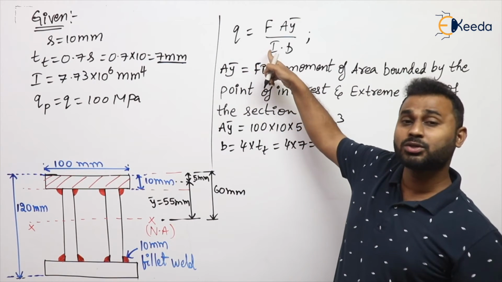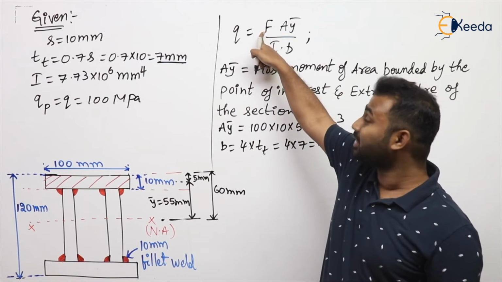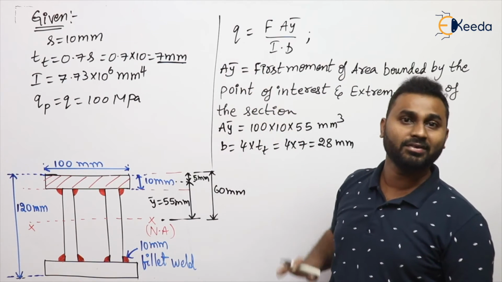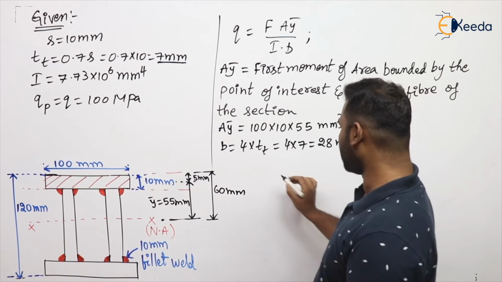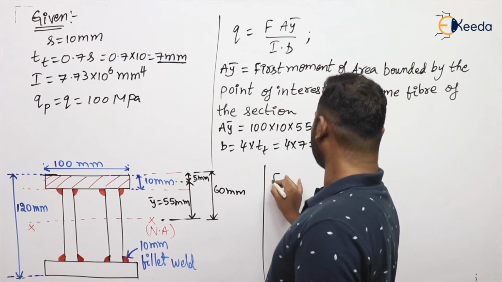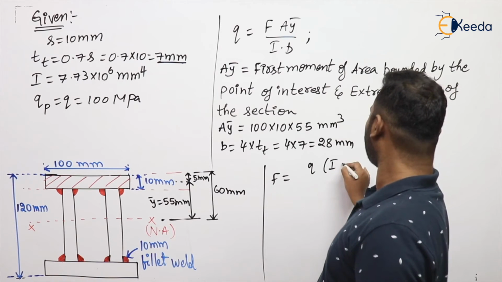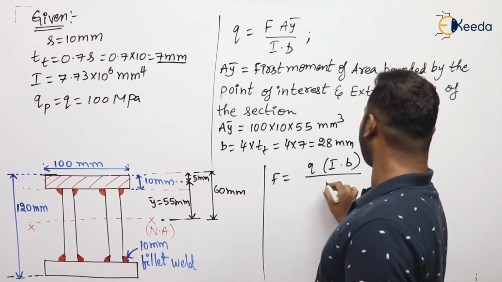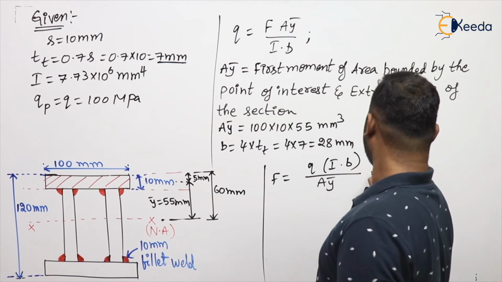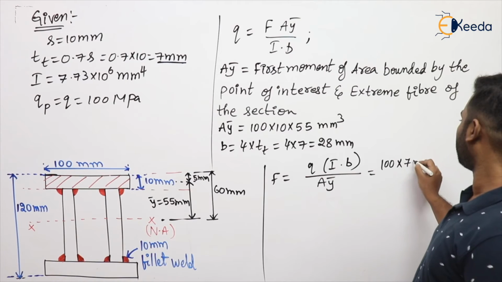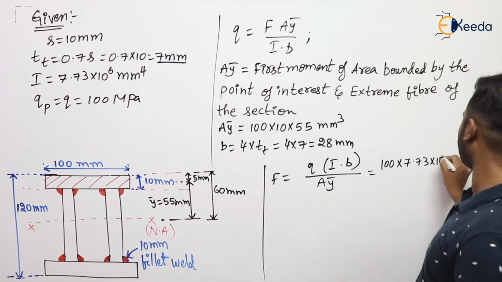Now each and every term is known in this formula except F. Then we can calculate F. By substituting these values and simplifying, we'll get F. That is the answer. So here I'll write, from that formula, F is equal to Q into IB divided by AY bar. So now Q is how much? 100. I is how much? 7.73 into 10 to the power 6.